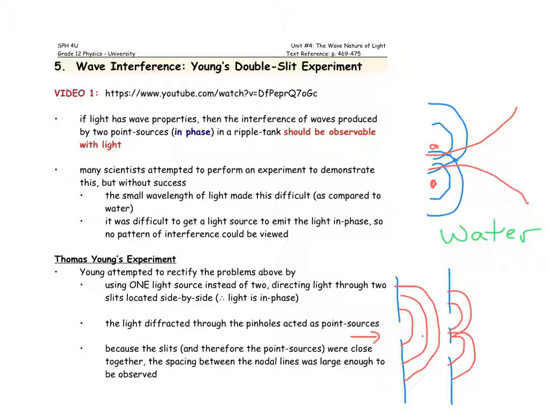And because the spacing of these slits was close together, they were able to see nodal lines large enough to be observed, which was pretty cool.